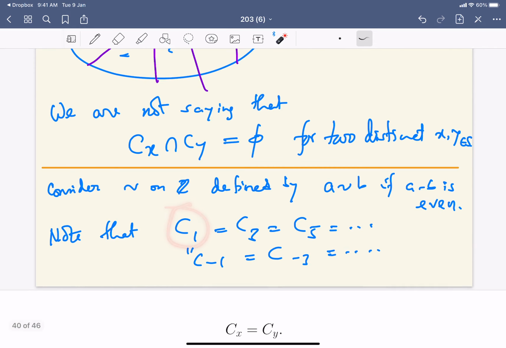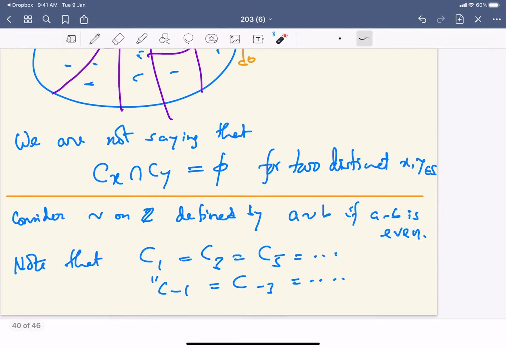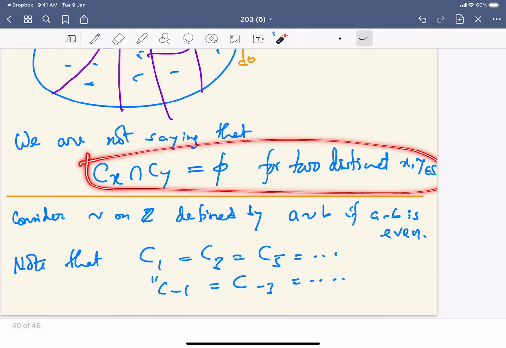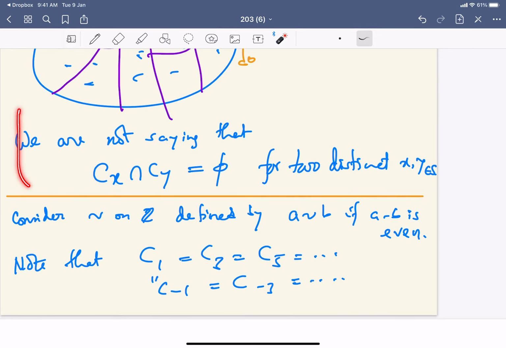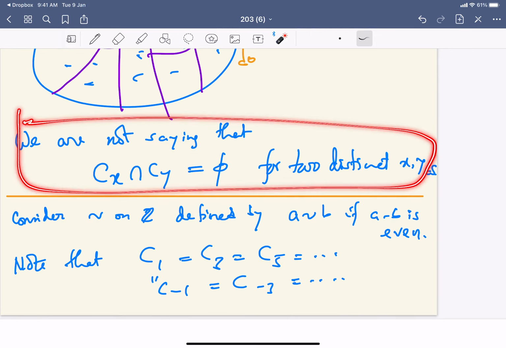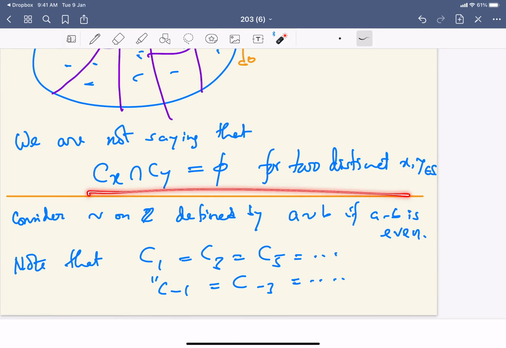C1 is the set of all odd integers, and one can show that C of any odd integer, be it 3 or 5 or whatever, is equal to the set of all odd integers. So this statement is false in general. We are not saying that equivalence classes corresponding to distinct elements have to be disjoint.